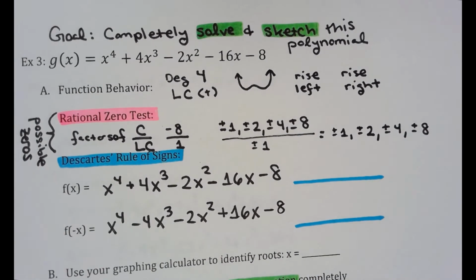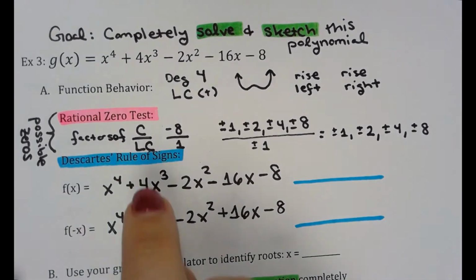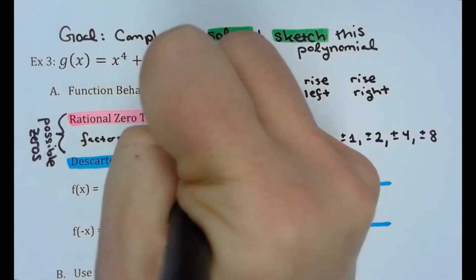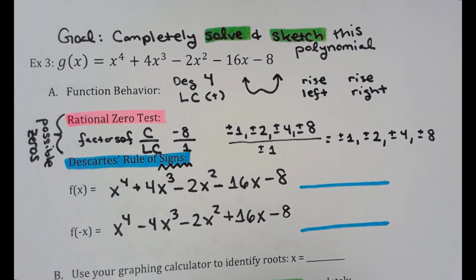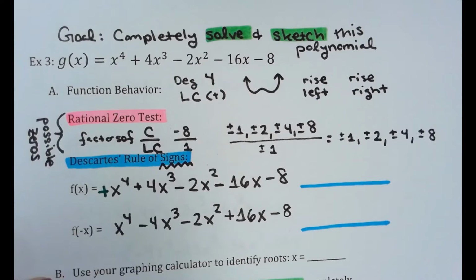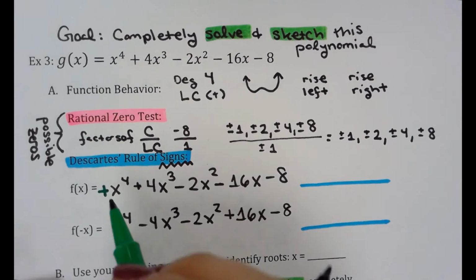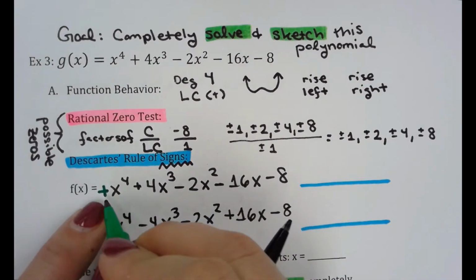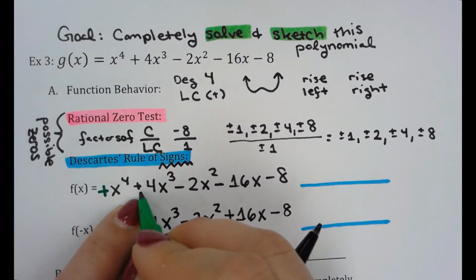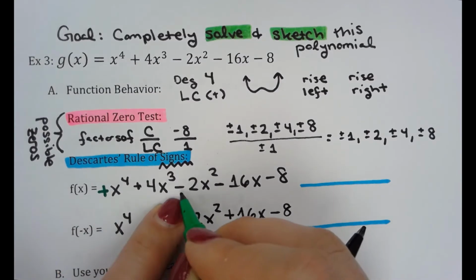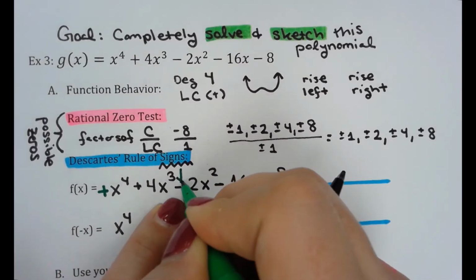So for Descartes, now I'm going to look for when the sign will change, and I'm going to mark it. So here we go. I'm going to start with a positive. So it starts as a positive. I'm going to mark it as soon as it changes. The next term is still a positive. At the next term, it changes to a negative, so I'm going to mark it right here.